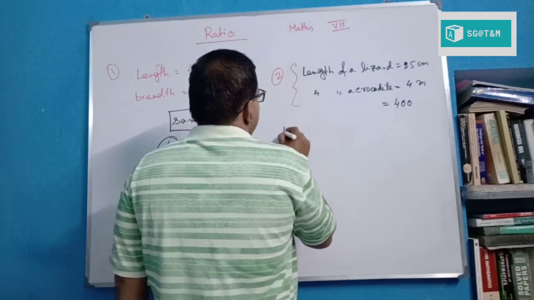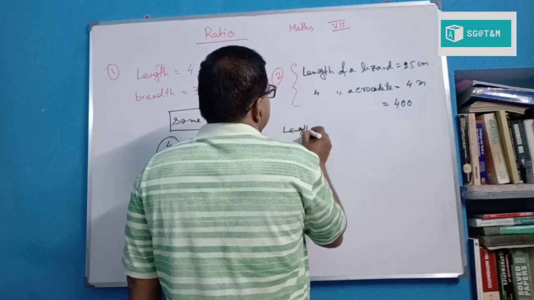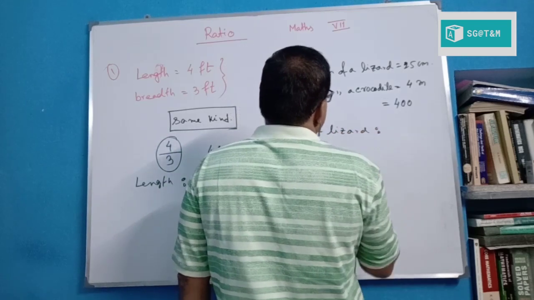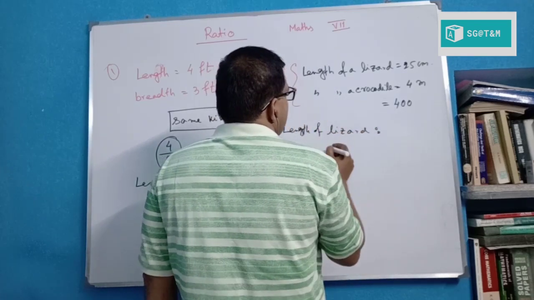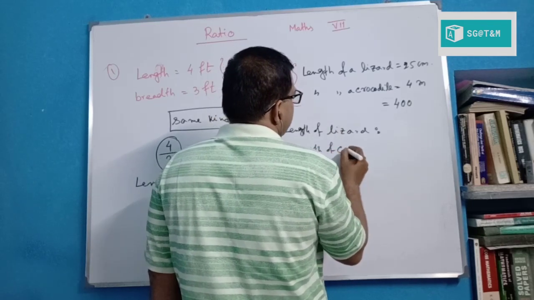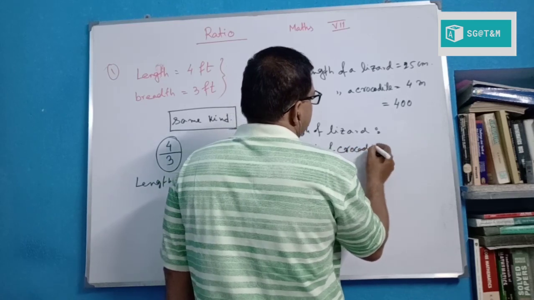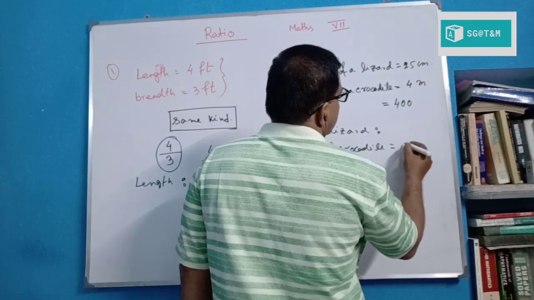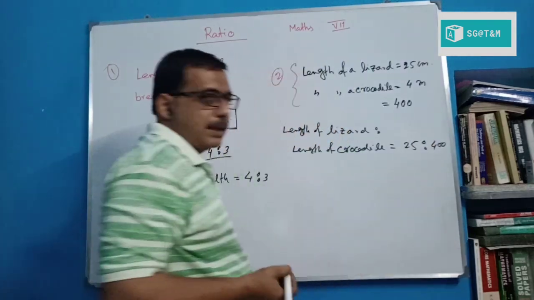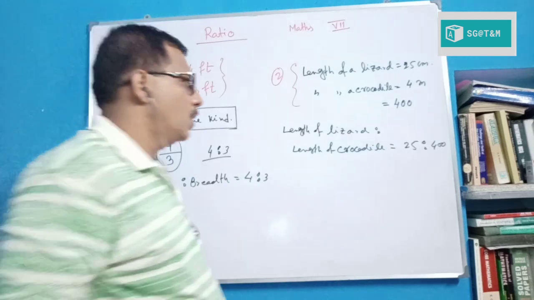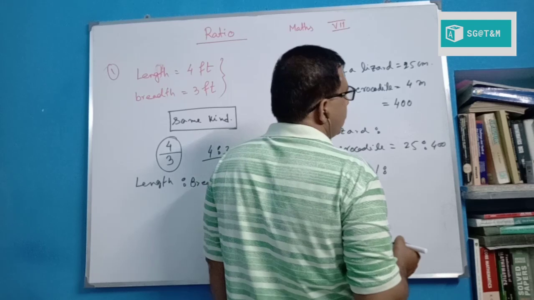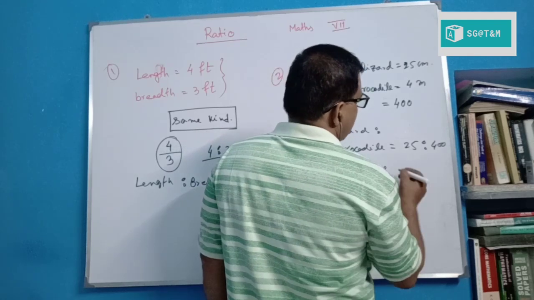So the length of the lizard is to the length of the crocodile is 25 is to 400. It can be written the other way also: 25 is to 400, that means 1 is to how much? 16.